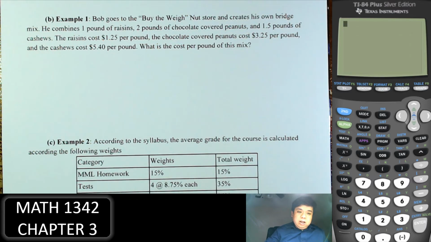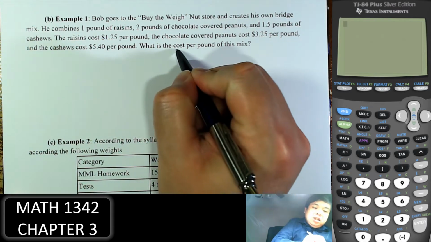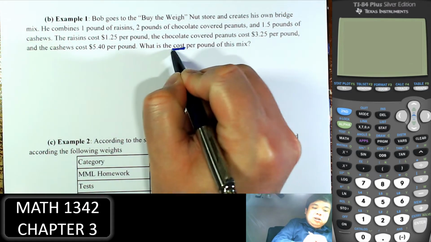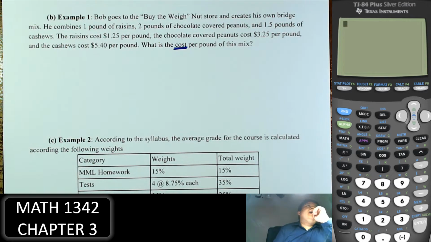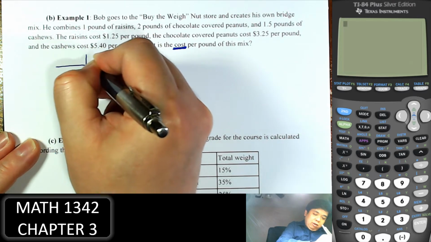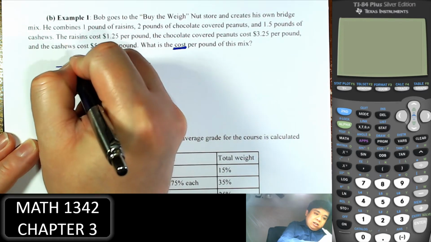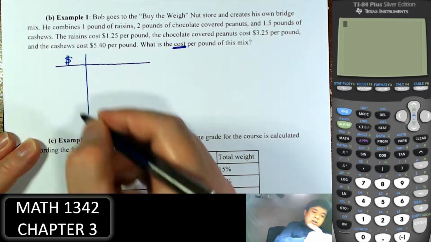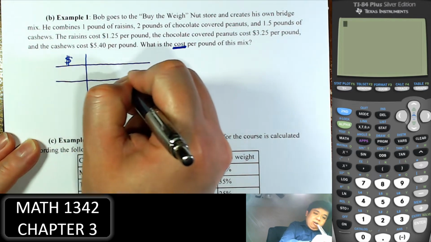The question asks for the cost, so the unit is dollars. That will have to be the first column, because we asked for the cost.